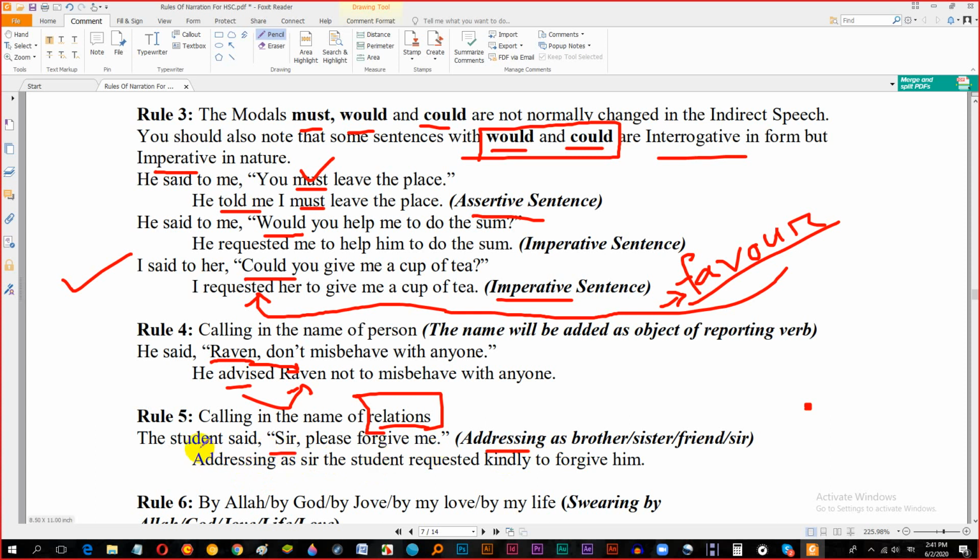So addressing him as brother, the boy requested to forgive him. You can also add kindly, or if you don't write kindly, that will be okay too. So what we learned here is that we can use addressing when we find some relation.